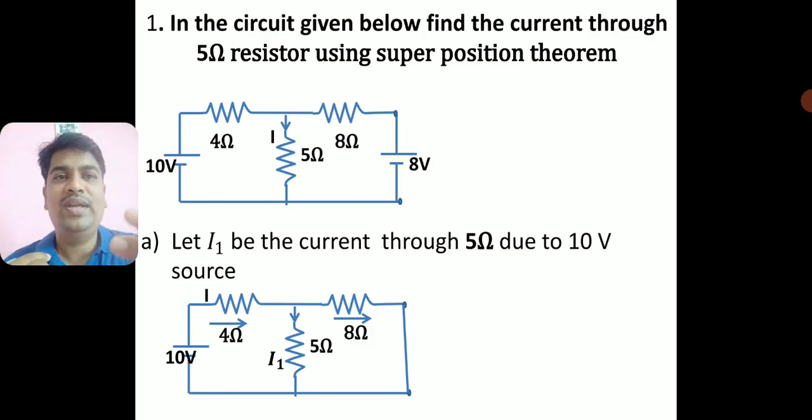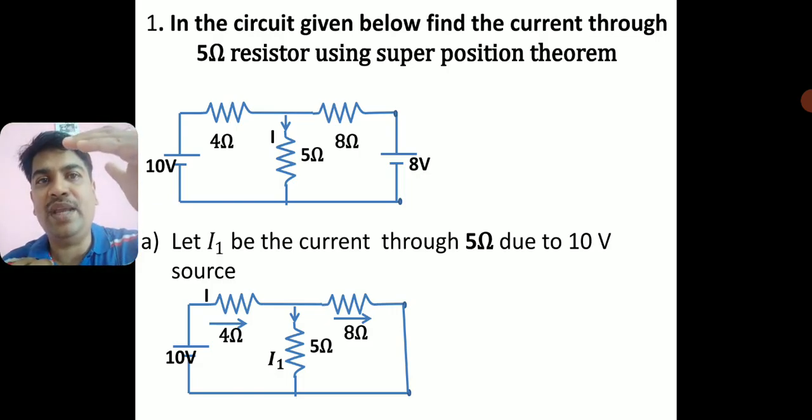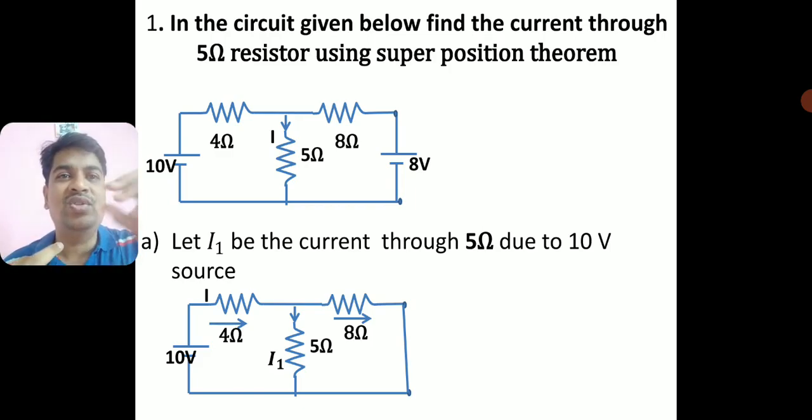Now I am looking for the current flowing through the 5 ohm resistor, which I call I1, with only the 10 volt battery. To find the branch current, the current flowing through the 5 ohm branch, I need to calculate the main current drawn from the battery. I will call it I; you can call it small letter i, no problem.